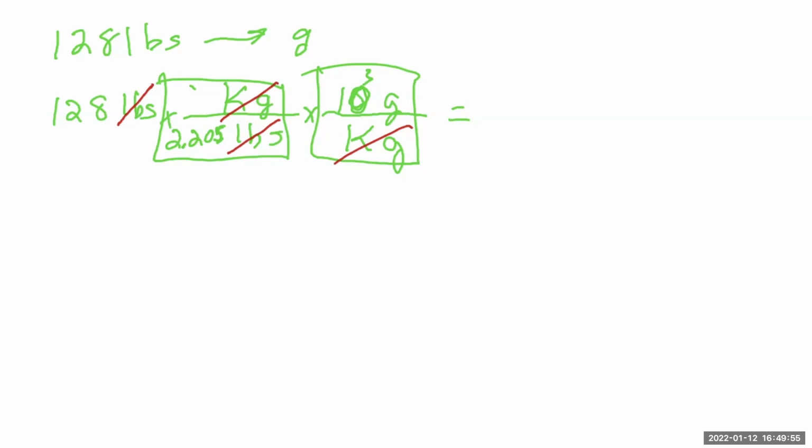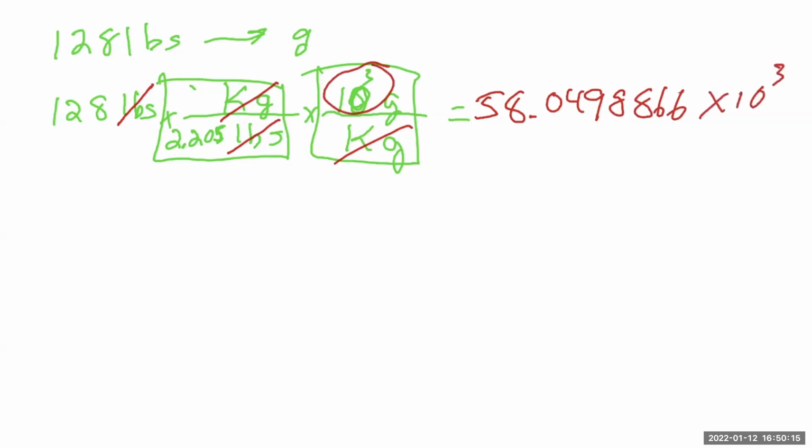So 128 divided by 2.205 comes out to 58.04988, 0.498866. And then we got our exponent, which is 10 to the 3rd. So times 10 to the 3rd.